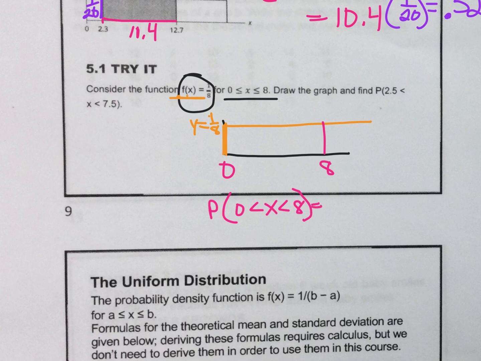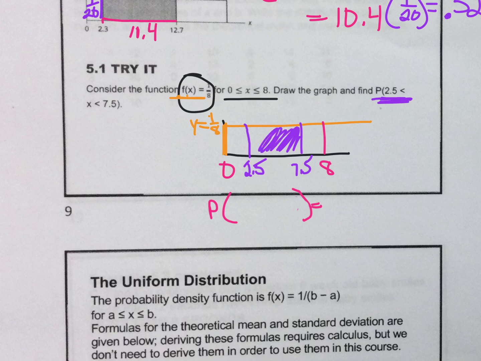Whoops. Oh, no. Let's mess that up. It's between 2.5 and 7.5 that we were doing the probability for. So the probability is between 2.5 and 7.5.